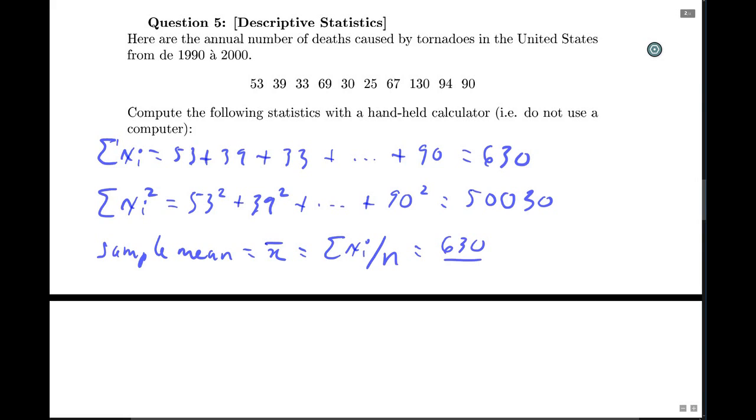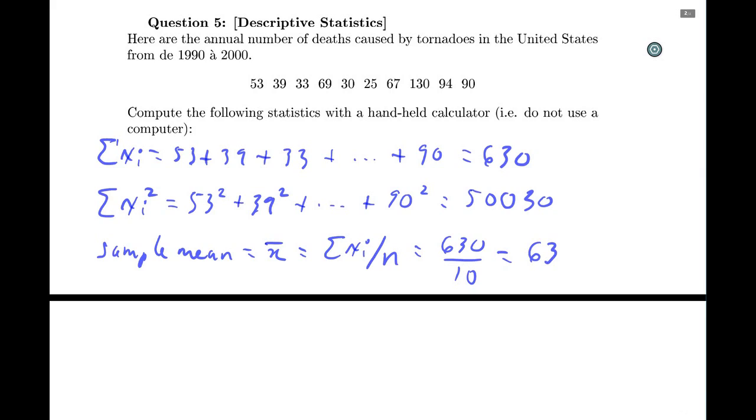So we have 1, 2, 3, 4, 5, 6, 7, 8, 9, 10. 10 values, and so I end up with a mean of 63. So on average, there are about 63 deaths caused by tornadoes in the United States per year. Okay, so this is a description of central tendency.